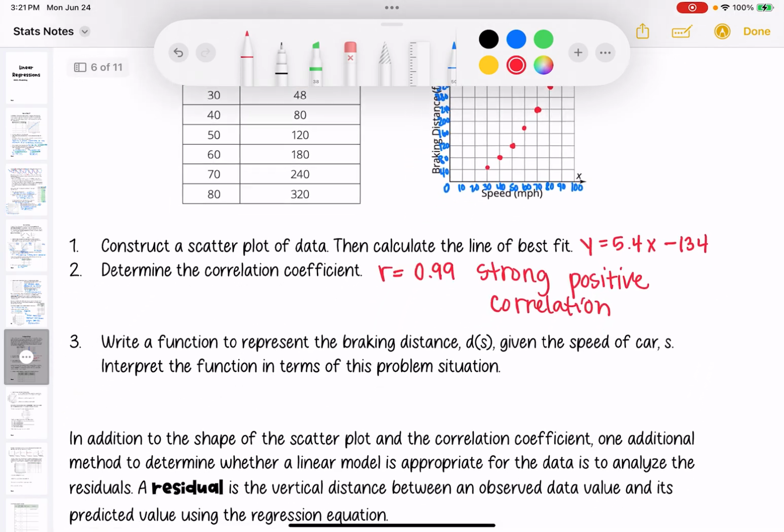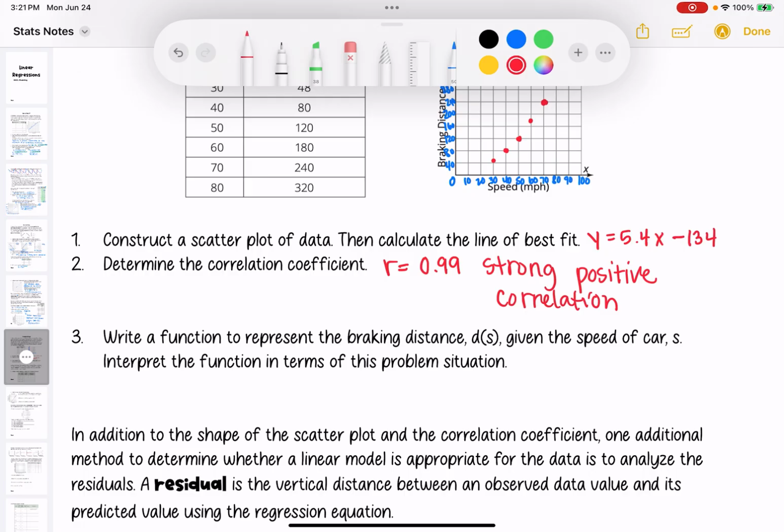All right, number 3, we're going to write a function to represent the braking distance given the speed of the car, and interpret the function in terms of this problem situation. All that means is we're going to take our line of best fit and write it in function form. So d of s equals 5.4s minus 134.